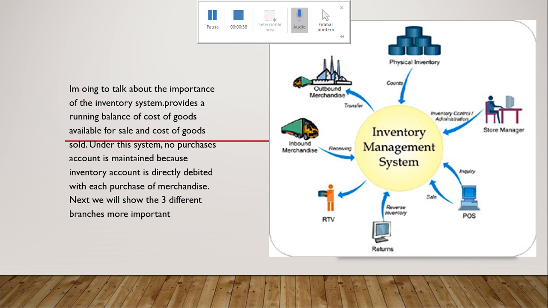These expenses are therefore also debited to the inventory account. Examples of such expenses are freight and insurance. Each time merchandise is sold, the relative cost is transferred from the inventory account to the cost of goods sold account by debiting cost of goods sold and crediting inventory.